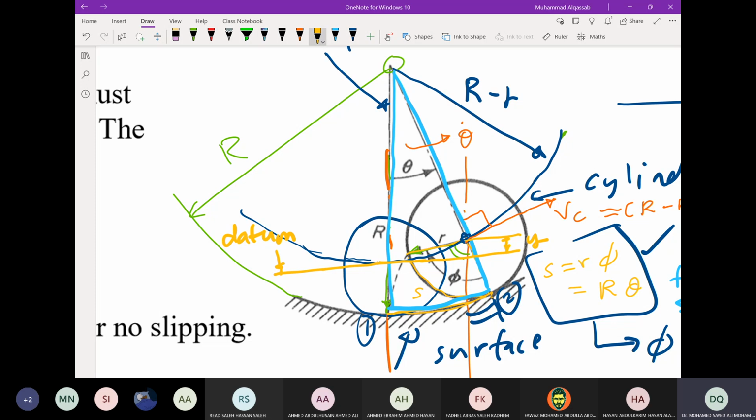So we need to find y from the shape here. The distance from here to the datum is R minus r. And then we continue, taking a straight line to form a right-angle triangle.